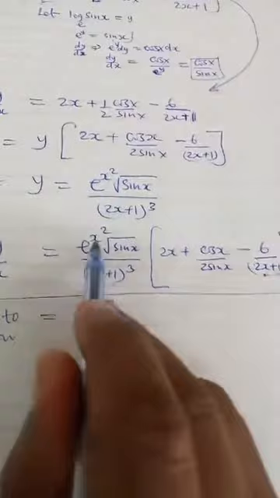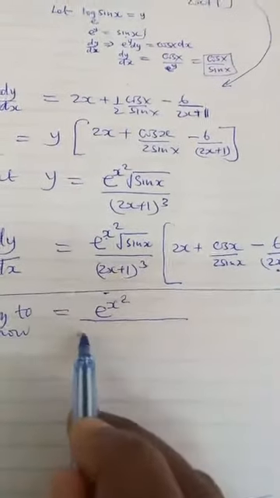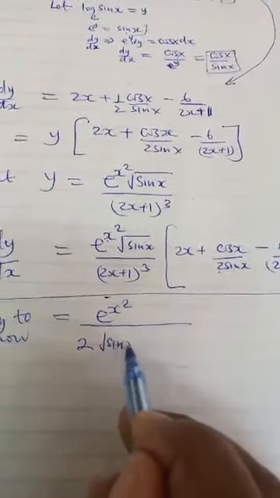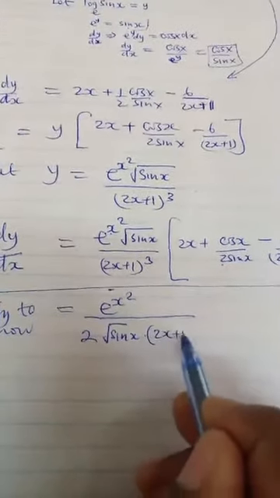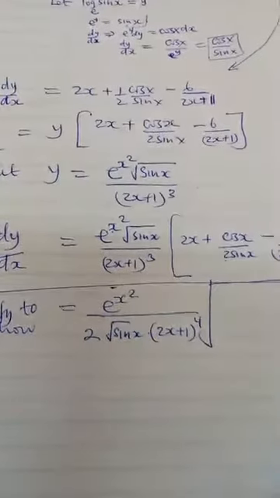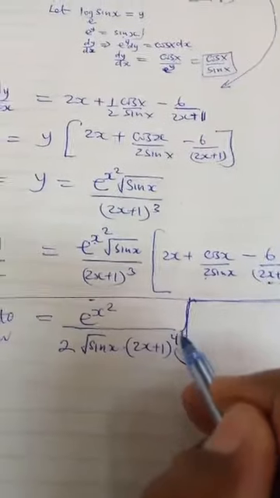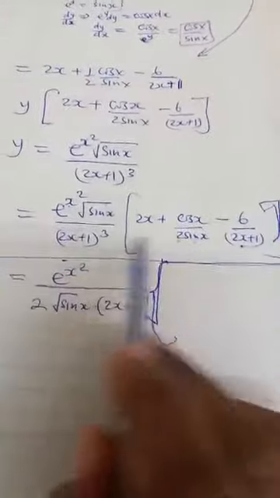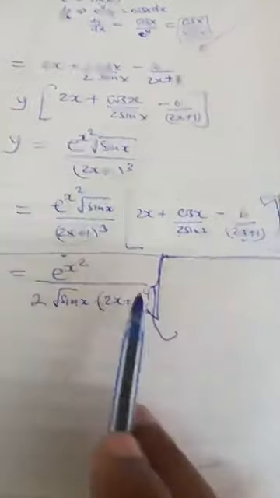Down there you will have these 2, and you will have the root of sine of x, and you will have 2x plus 1, the power 4. These can be clearly seen straight away. Because when we take this with a sine, it goes down to give you this. This 2 is that one. This one, when we pull it out, gives the 4.